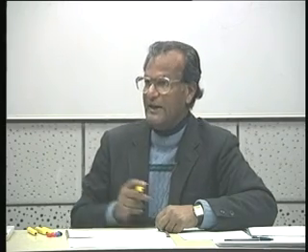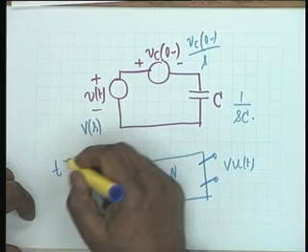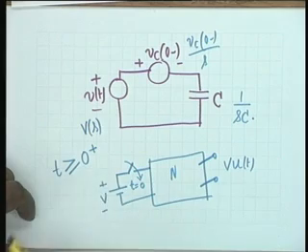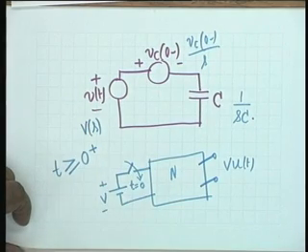For the network N, the solution has to be found for t greater than or equal to 0 plus, that is after the application of the excitation, and therefore the initial conditions have to be taken as the conditions at 0 plus, not minus.